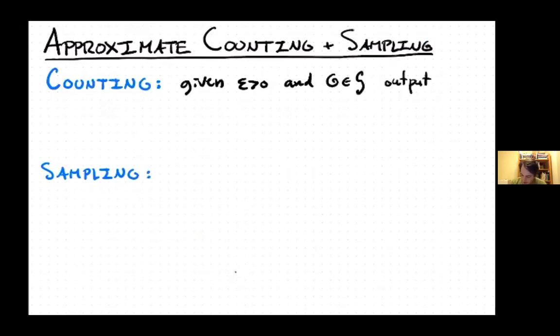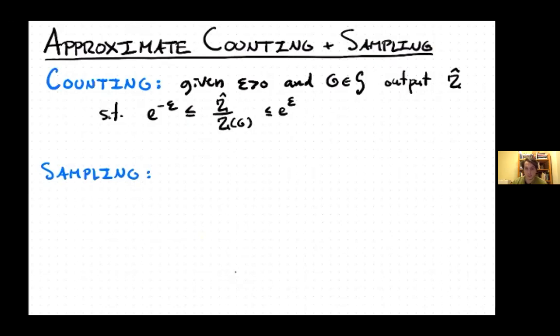And what you want to do is not output the partition function, but instead some number Z hat, such that you're very close to the partition function in the sense of a multiplicative approximation. So you want the ratio of Z hat to the true partition function to be between e to the minus epsilon and e to the epsilon.